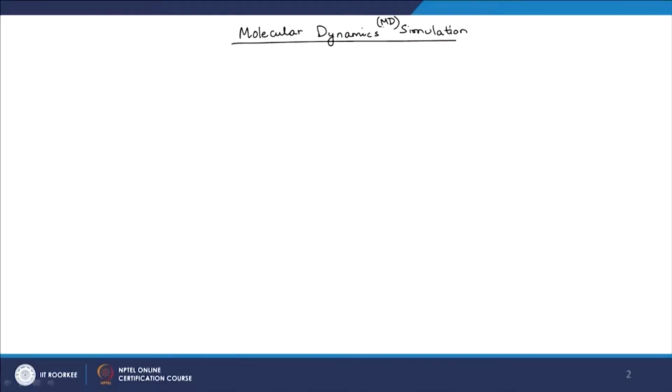An alternate, one of the most common methods, is the molecular dynamics or MD simulation, that is based on a very different idea, yet gives you a very similar kind of result. Of course, it gives you a variety of more results that Monte Carlo does not give you, but at least most part of what we have discussed can be gotten both from a Monte Carlo simulation or from a molecular dynamics simulation. So here again, just like we did for a Monte Carlo simulation, we start with a simulation box.